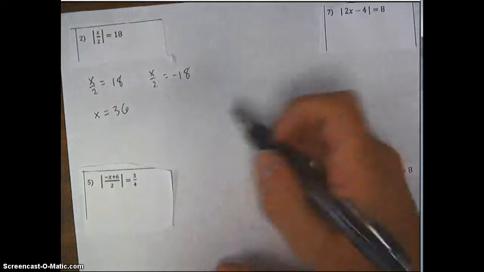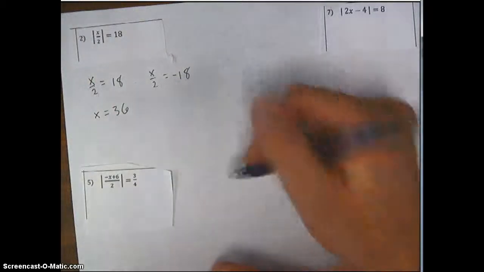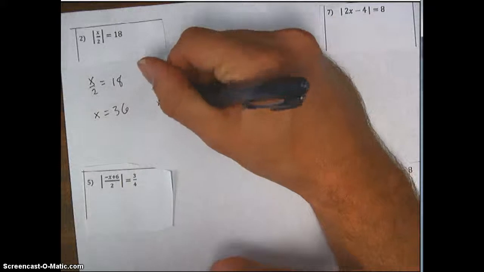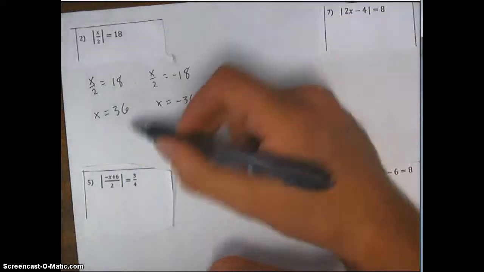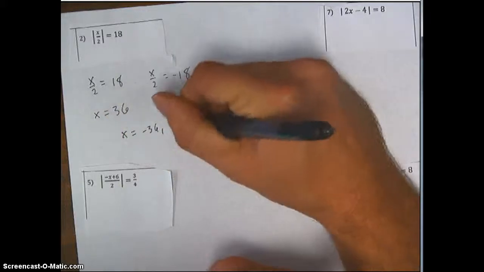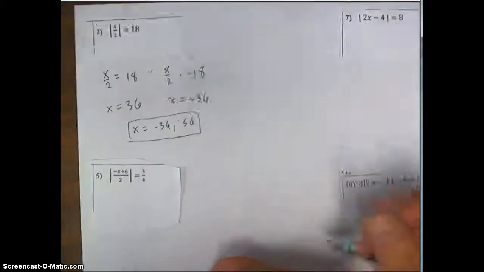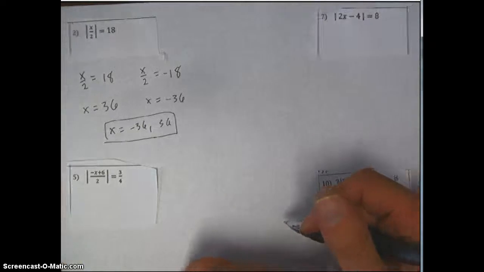And over here, again I multiply by 2, and that's going to be x equals negative 36. So if you wanted to summarize that, you might write x equals negative 36 comma 36. That's your answer. So there's two solutions.